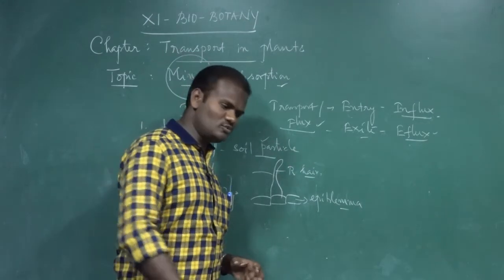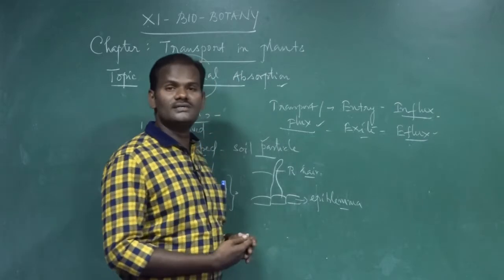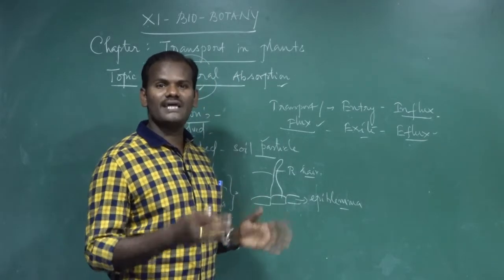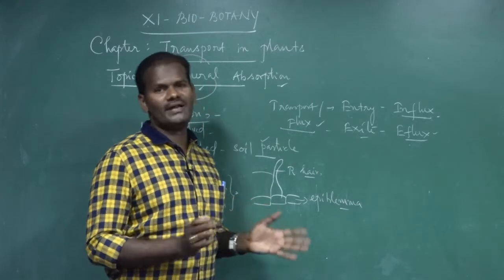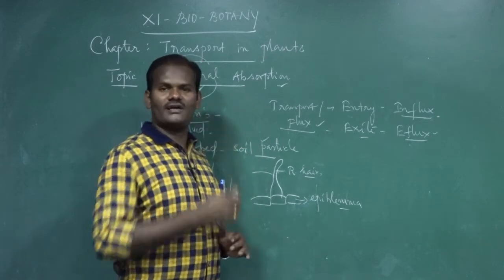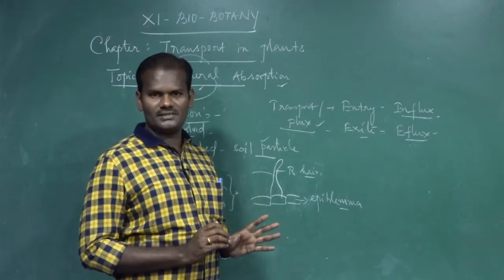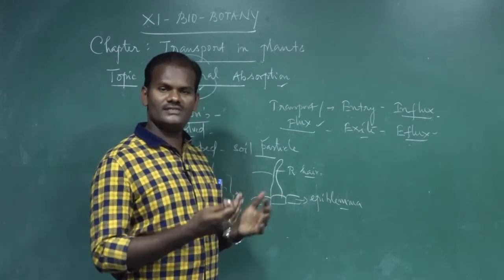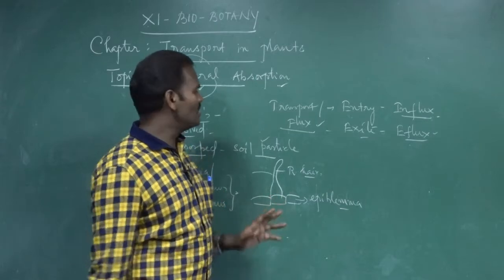If the water is absorbed by the root cells, certain mineral ions also enter passively along with it. But this was a mistaken observation, because these two processes are independent processes: ascent of sap, the upward movement of water, and mineral absorption.